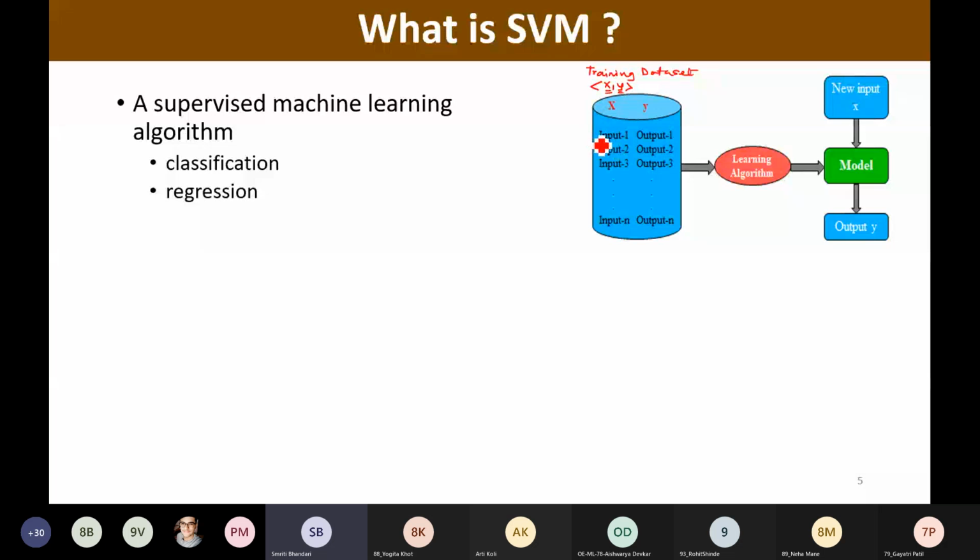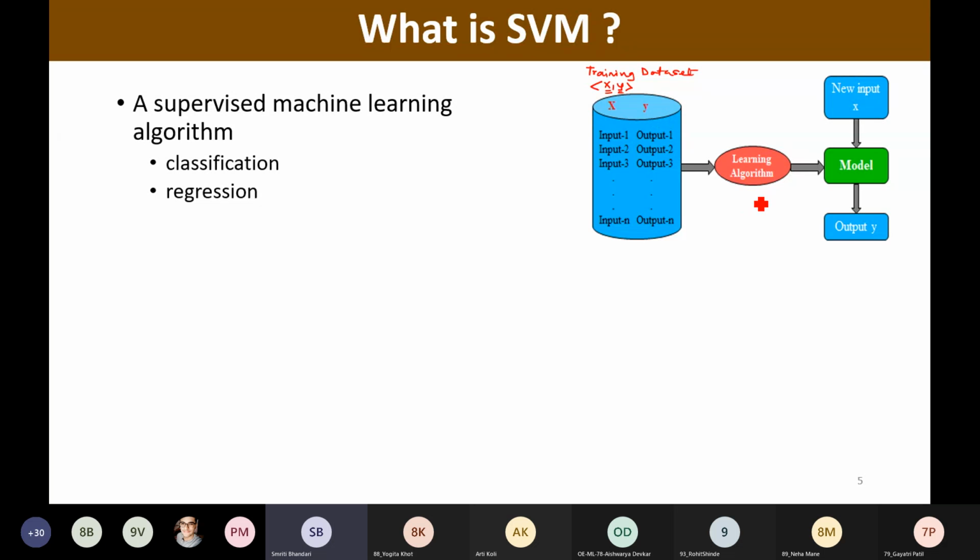So for every sample, we are having x value, that is the feature vector, and also we know the output, that is the class of that sample, right? So we are having such kind of training data with us.